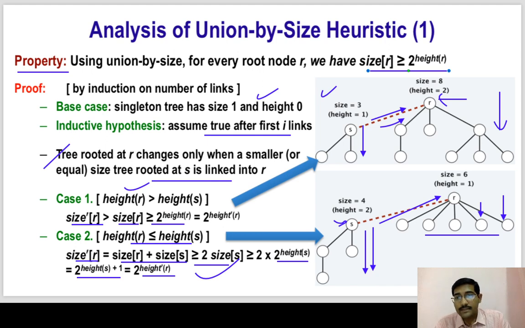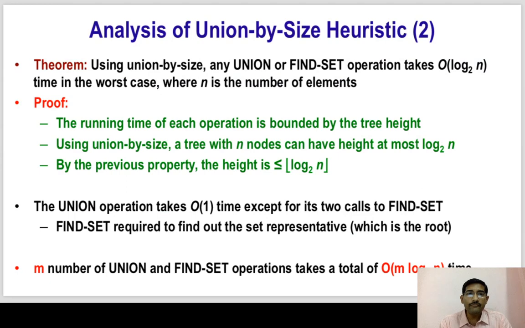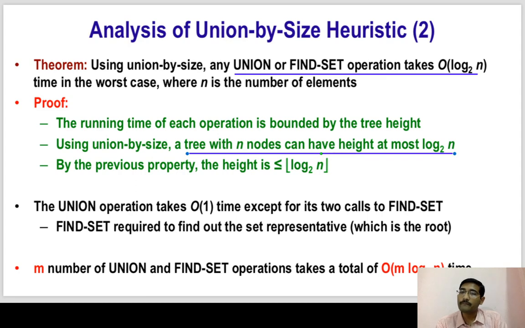As I have said, the size of elements pointed at a root is obviously bounded by 2 to the power height R, therefore my height is bounded by at most log of the number of elements rooted at R. So immediately we can find out that union and find set operations can take log n time, because with union by size, a tree of n nodes can have height at most log n.